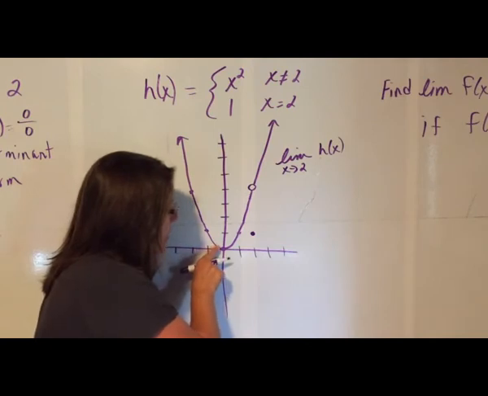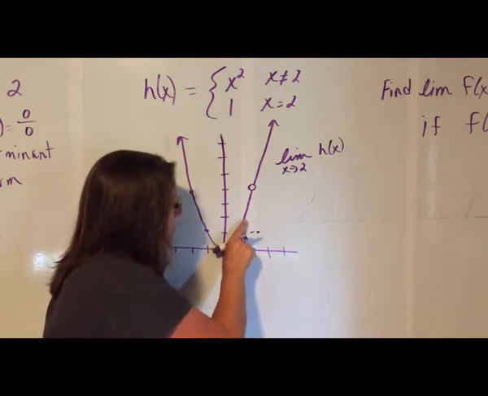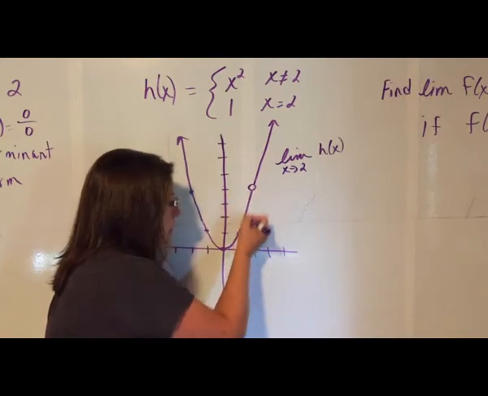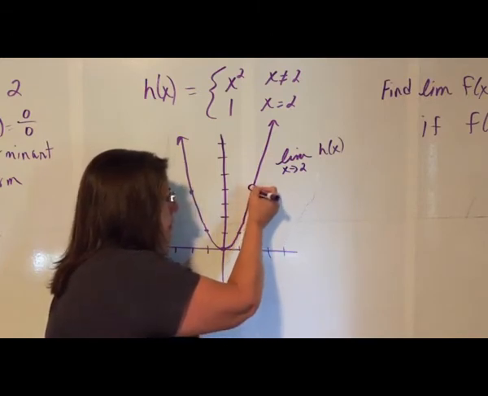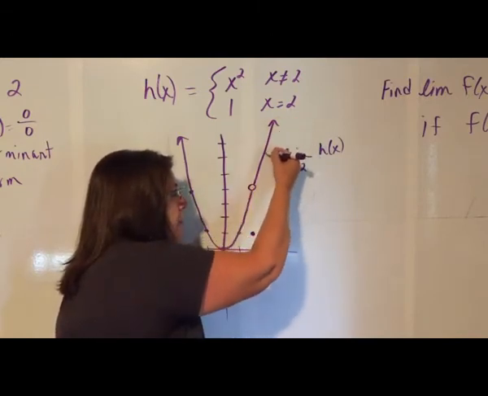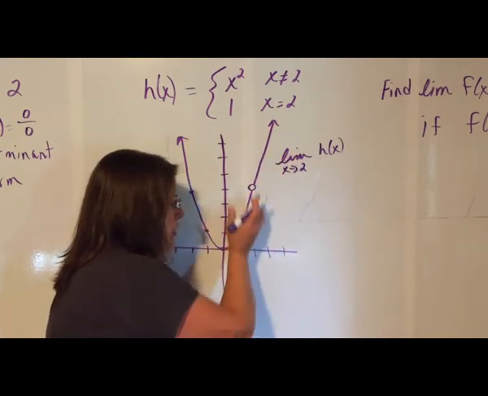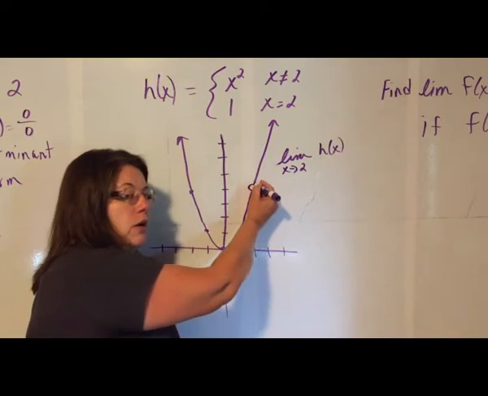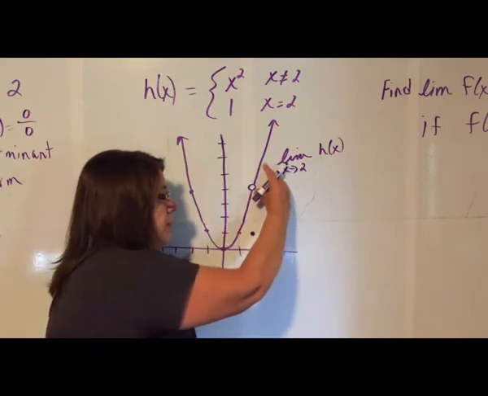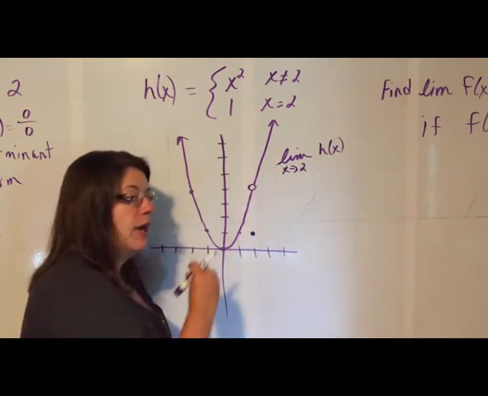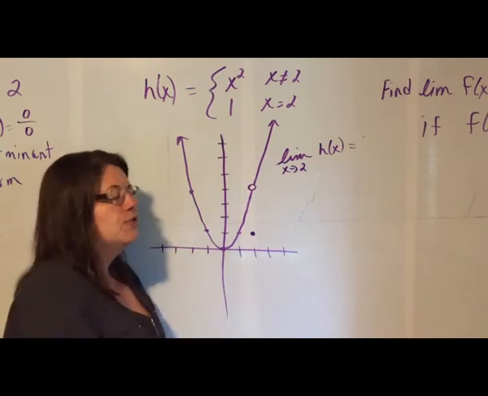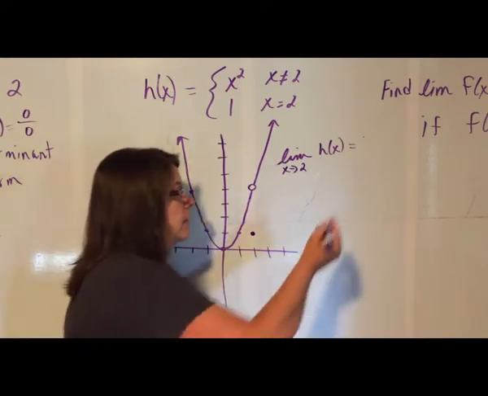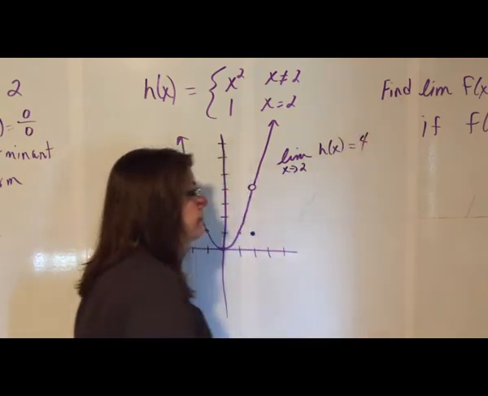Well, as I approach from the left, it looks to me like it's approaching 4. From the right, as x approaches 2, it also looks like it's approaching 4. So is it approaching the same thing from the left and from the right? Yes, it is. So the limit as x approaches 2 for h of x is 4.